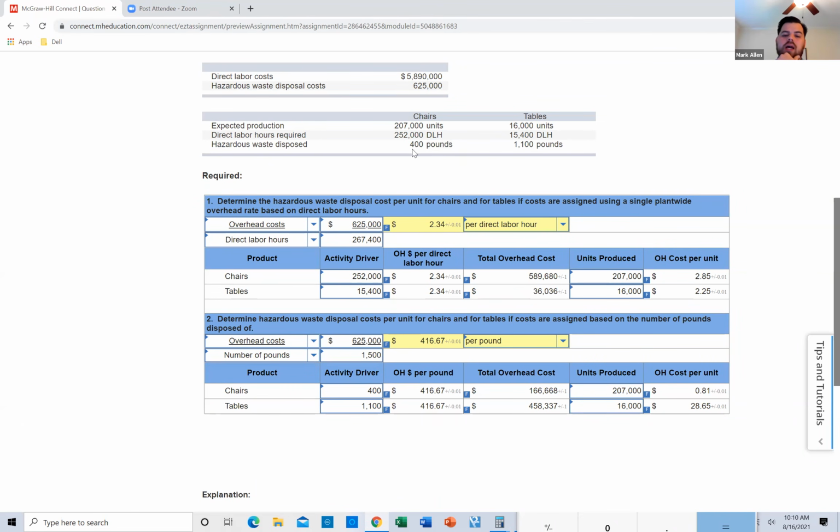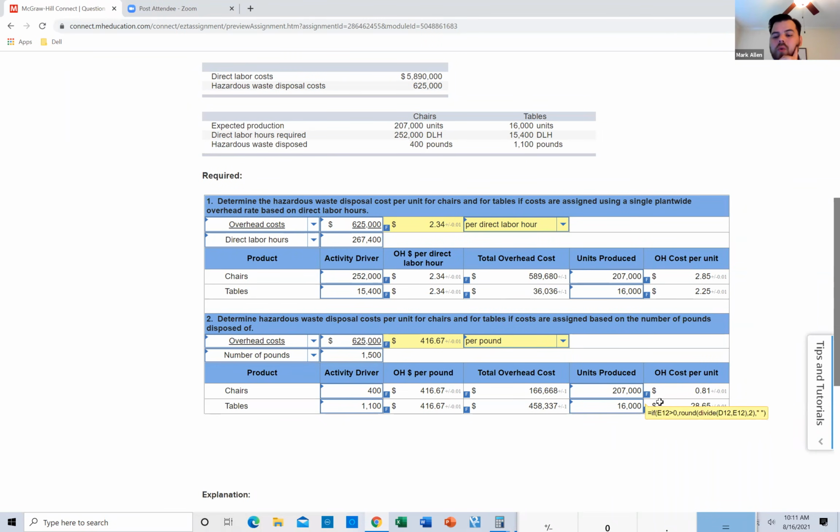Well, now because I'm assigning so much less in terms of pounds to chairs, I'm now only assigning $167,000 in overhead to chairs, whereas before I was assigning $590,000, which brings my overhead cost per unit on chairs down to 81 cents. This also rockets up my overhead allocation on tables to approximately $29 a piece, far higher than the $2.25 we were allocating before.